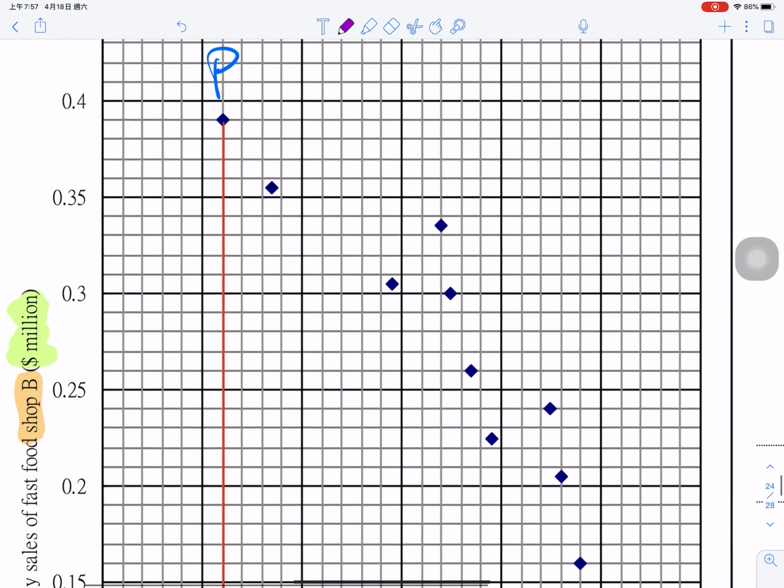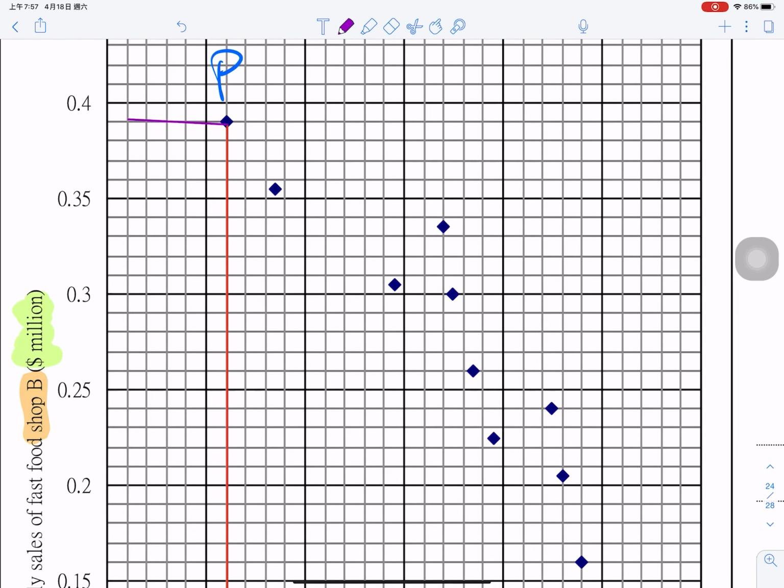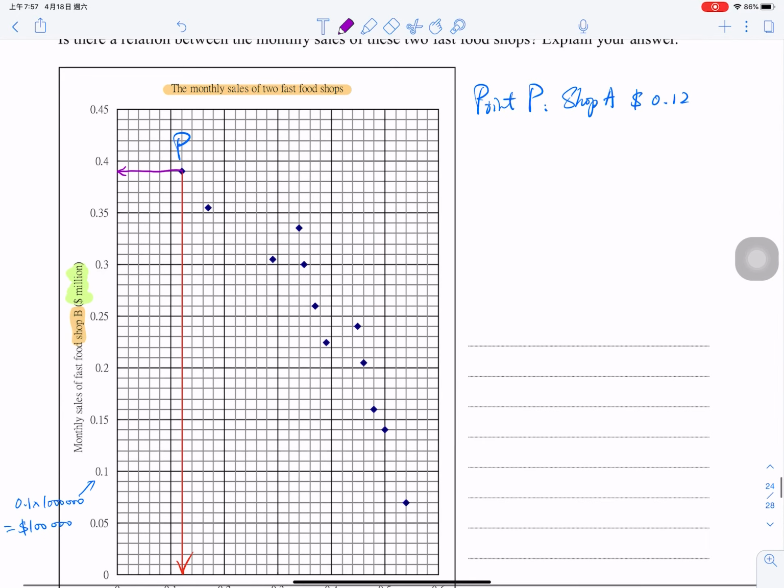Maybe enlarge it and read it correctly. Roughly we can see that here is the point. So how much for shop B? It's about 0.39.